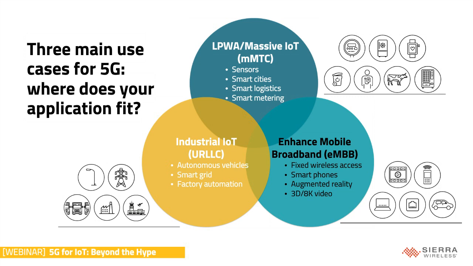With MMTC or the massive IoT, this can largely be addressed through LPWA today and can be software upgradable to 5G later. So you're future-proof from that point of view, and there's nothing preventing you from getting started today and deploying with LPWA or NB-IoT. And as for enhanced mobile broadband type applications, here's where there's a lot of activity today. So, now is really the time to start thinking about your 5G strategy.